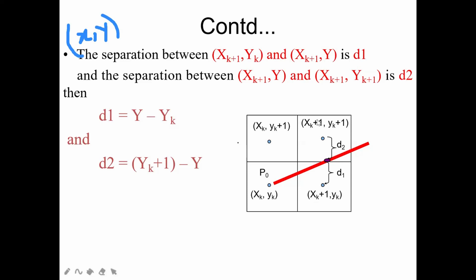I'm going in the y coordinate direction. Then xk plus 1 will be constant and the yk value will increase. So in this quadrant, the x coordinate stays as it is, and the y coordinate will increase. Here I'm getting the new point value.